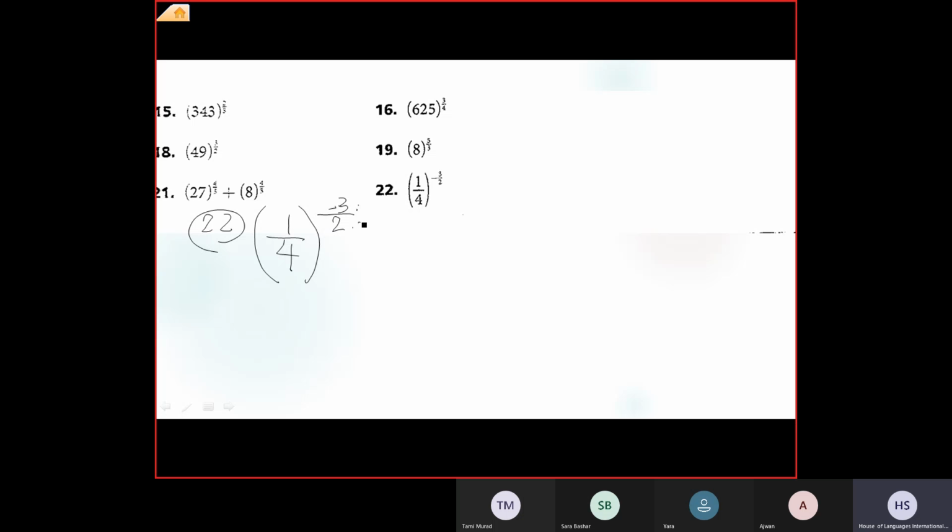But I will give you a hint. Here, we say that if we have 4 raised to negative 2, first we have to write the reciprocal for 4, which is 1 over 4, and then the opposite of negative 2. Now, what is the reciprocal of 1 over 4?